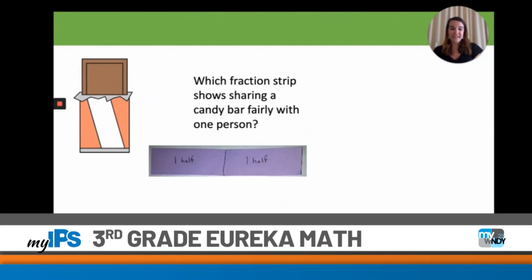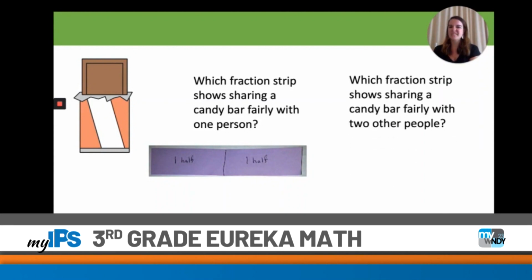Half. If I'm sharing a candy bar fairly with one other person, I get half and they get half. Let's try one more, still with candy bars. Which fraction strip shows sharing a candy bar fairly with two other people?